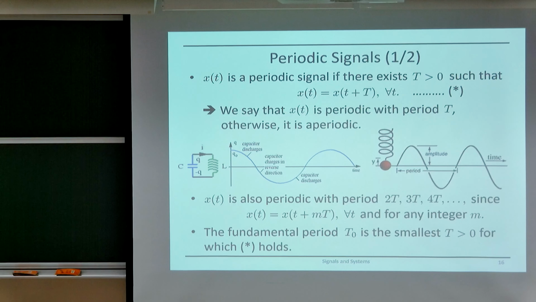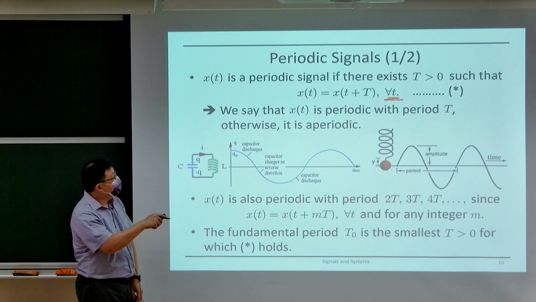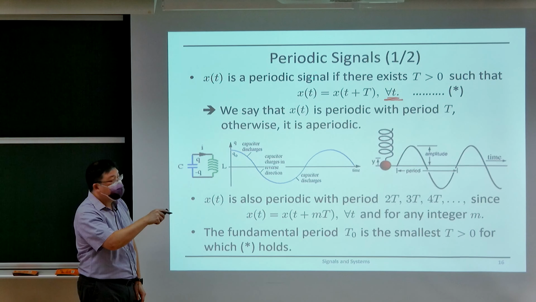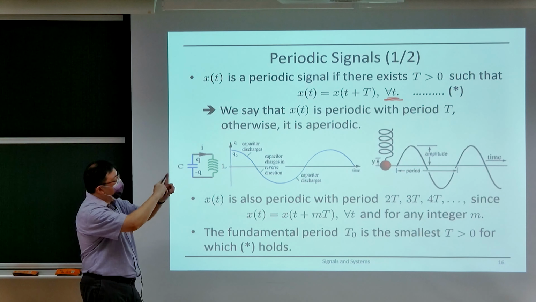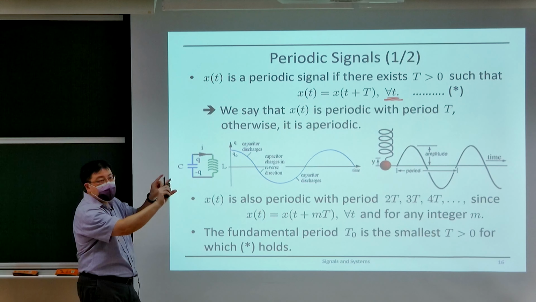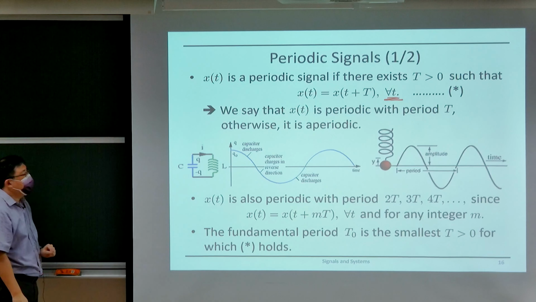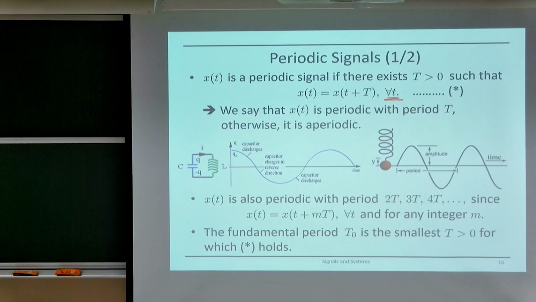So this for all t is essential. No matter which point you're looking at, if you time shift by capital T, you should observe the same value. So this is the property of a periodic signal.